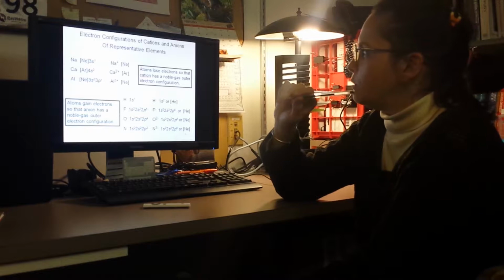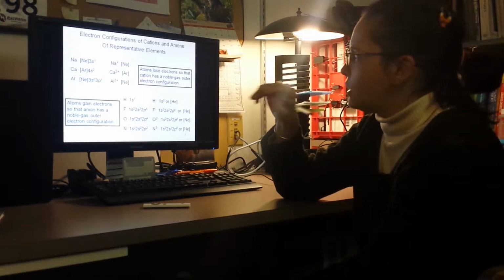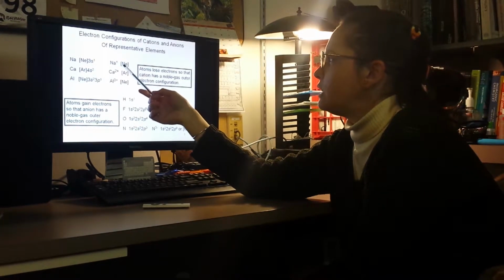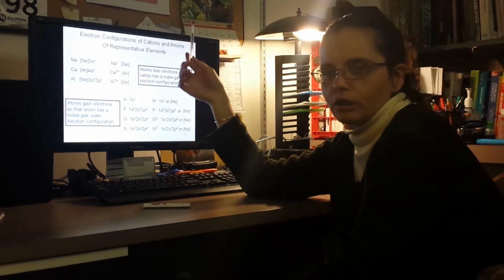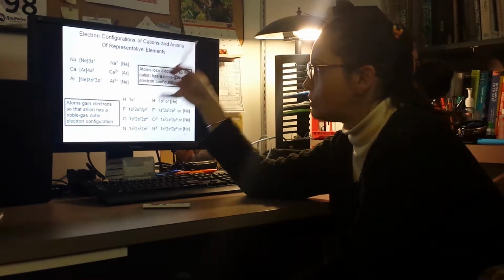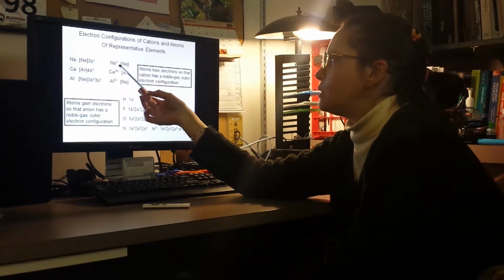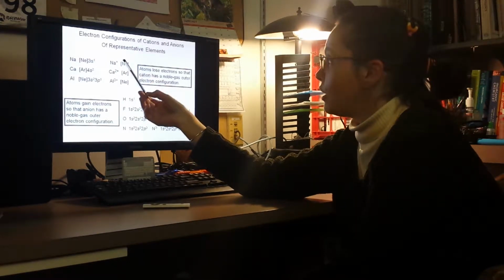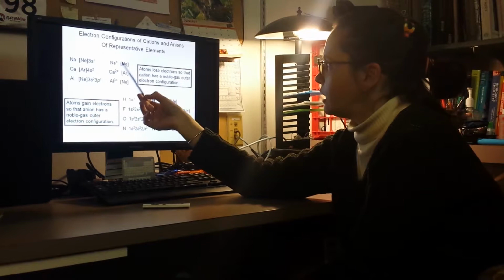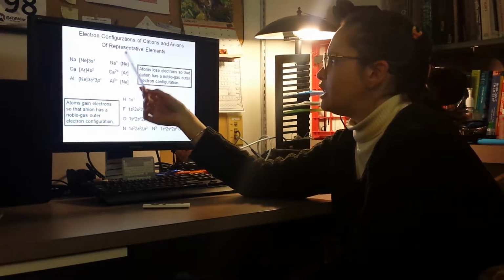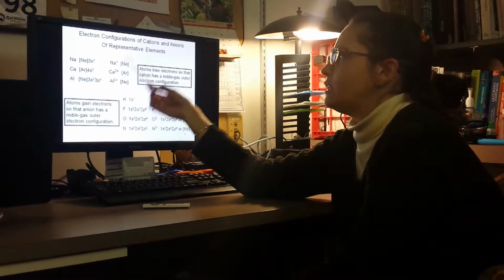Now, it gets a little bit more complicated when we have an ion. If something's going to be an ion, that means the proton and electron counts are not equal. When you have Na+, in order for it to have a plus charge, it must have lost an electron. So it has the number of electrons that sodium has less 1.